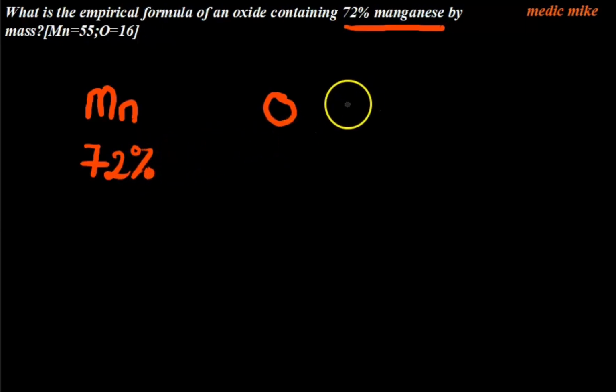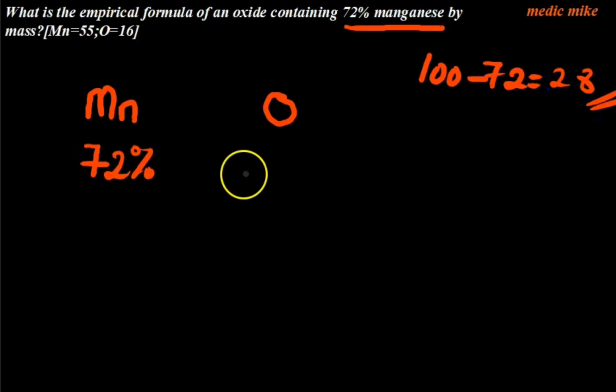But we are not given the percentage of oxygen. That is where that rule comes in, where we have to subtract 72 from 100. So 100 minus 72 is equal to 28. So our percentage of oxygen will be 28.